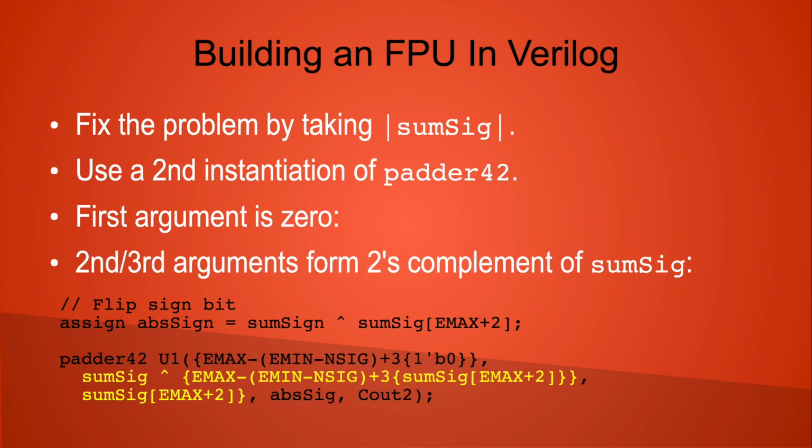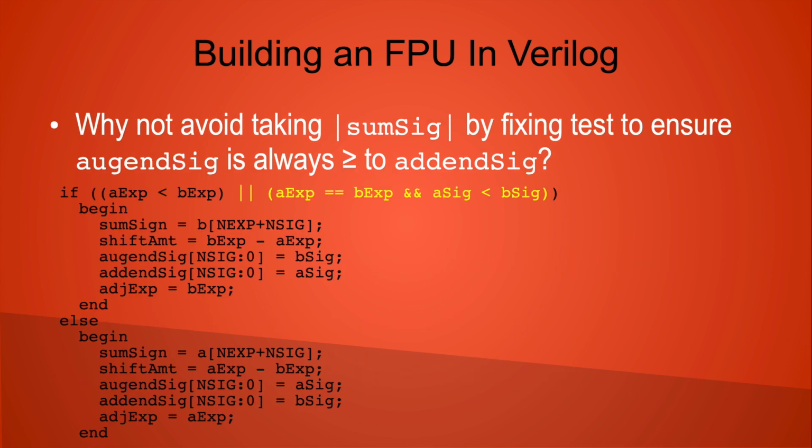Then using the sign bit of sumsig, I'm going to conditionally compute the 2's complement of sumsig. If sumsig is positive or 0, then absig is equal to sumsig. If sumsig is negative, absig is the 2's complement of sumsig. In either case, absig equals the absolute value of sumsig.